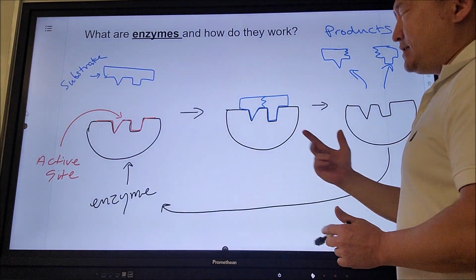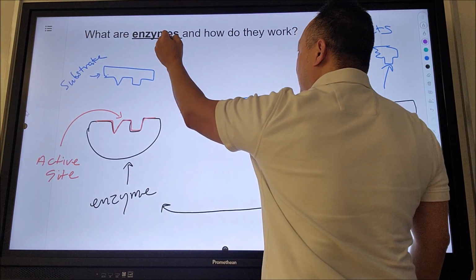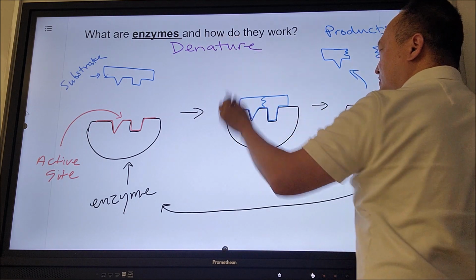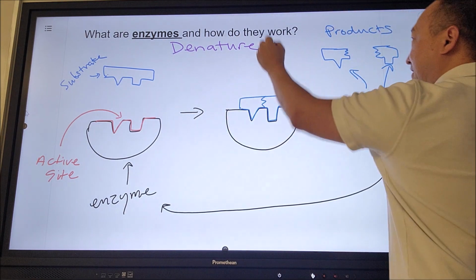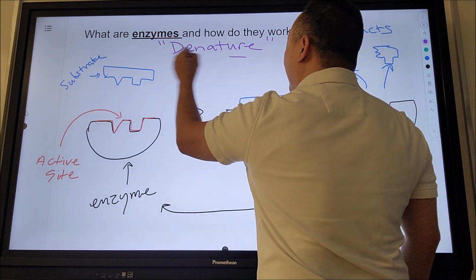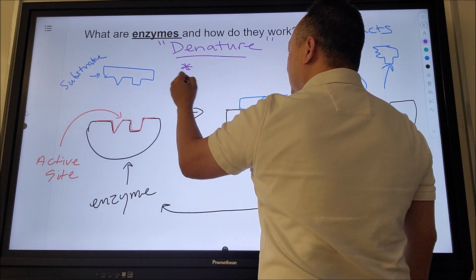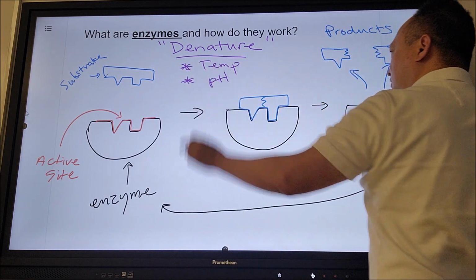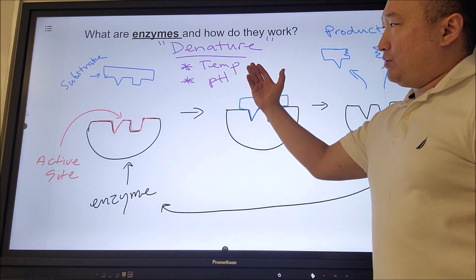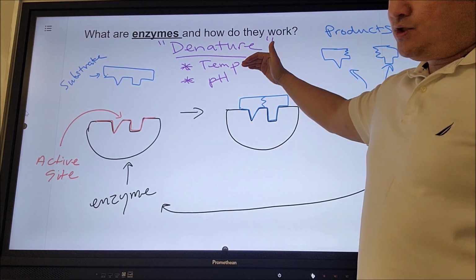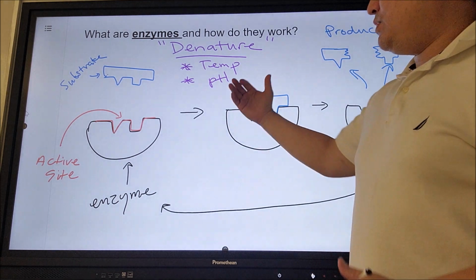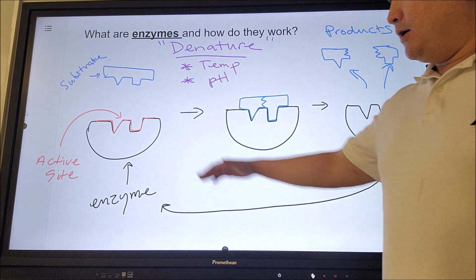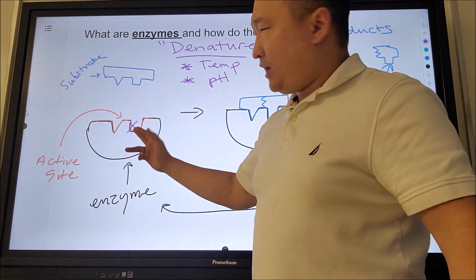Okay, one more thing I want to add to this is that there are factors that could cause an enzyme to break. We call that denature. And the two factors are changes in temperature and pH, for different reasons. But what you need to know is that when the temperature or the pH inside an organism changes too far from its normal range, then the active site will change.